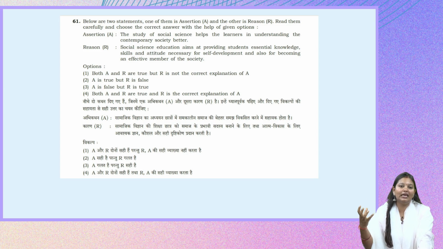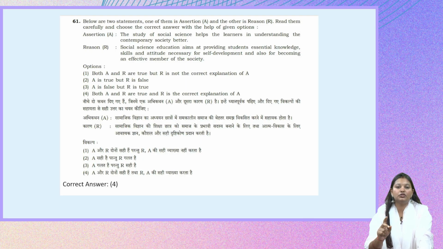So the ultimate aim of teaching social science is basically for us to make our learners a responsible citizen, an effective member of the society. So both of these statements are true and the explanation is correct or the reason is correct for assertion. So now let us move on to the next question.